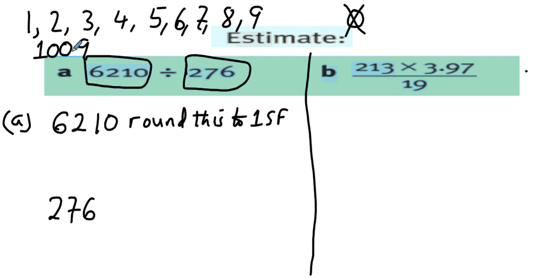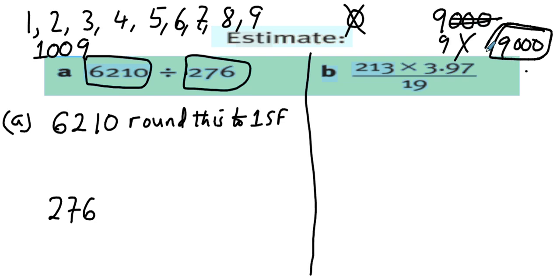So we have 1, 2, 3, 4 significant figures. What if you write a number like this? 9,000. These zeros are not significant figures, but never cancel them. There is only one significant figure. But don't cut this and write 9. This is incorrect. We write 9,000, but when we are counting how many significant figures are here, we don't count these zeros. We count there is only one significant figure.